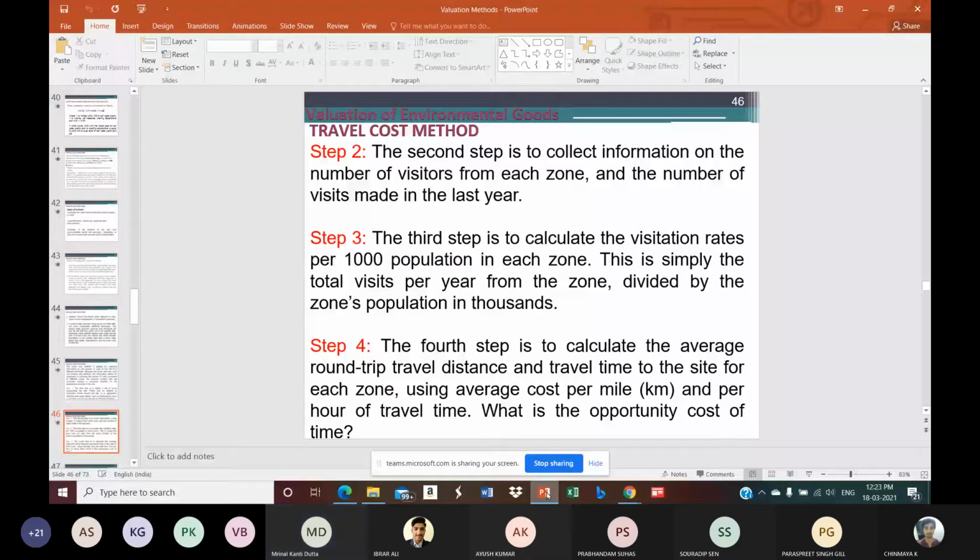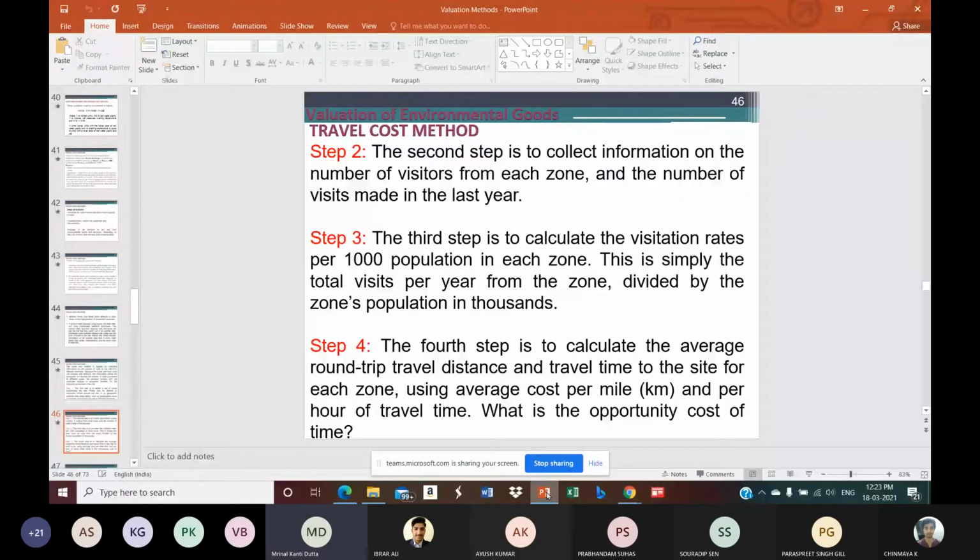Now, when you talk about the time part, one obvious thing is that we have to take into account the cost of travel time as well. In a sense, what is the opportunity cost of time invested or spent in traveling to the place.